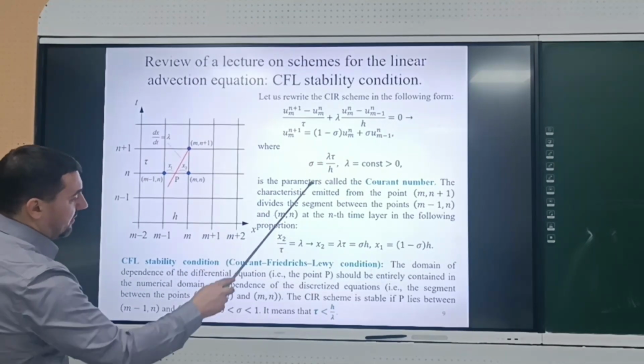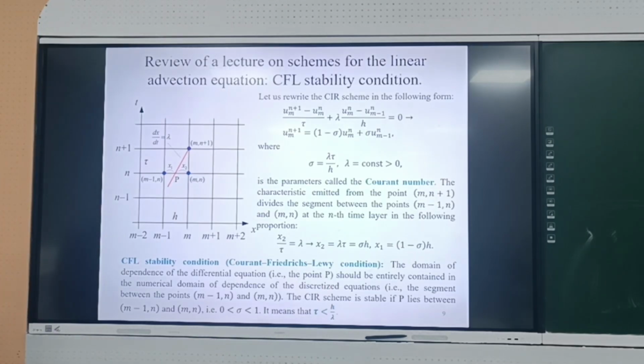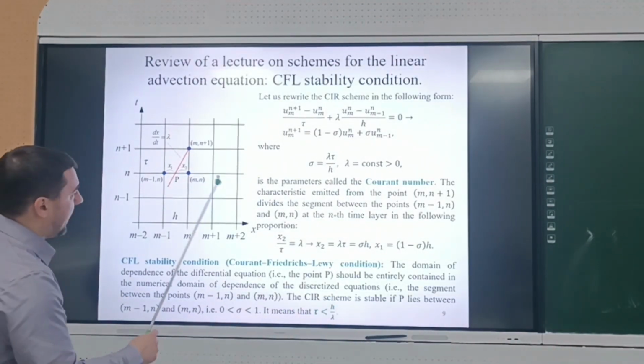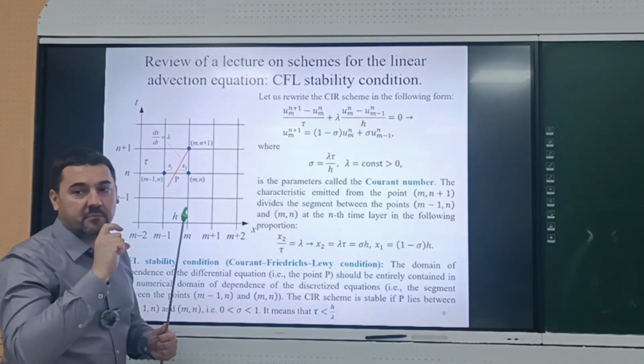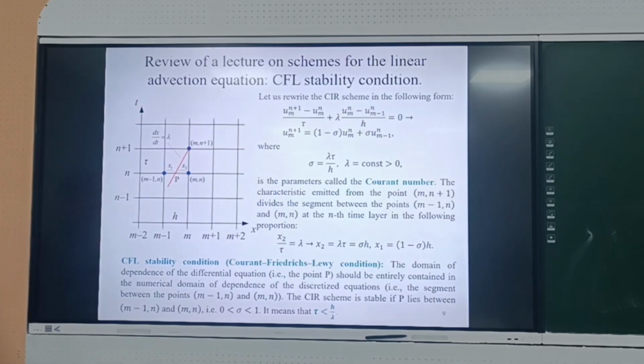It means that tau is less than or equal to h over lambda. And so the interpretation of the CFL stability condition is as follows. During the integration time step tau, our signal should not propagate at a distance greater than our computational cell with the size h.